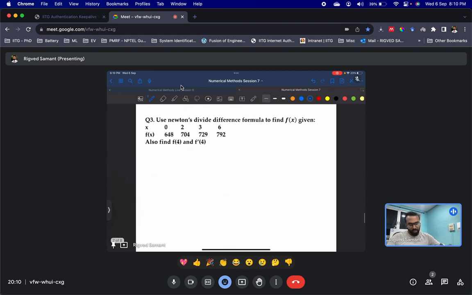Here you will see what Newton's divided difference formula is, and then you will go for the difference table. Again, how far it will go is usually n minus 1, and you can also see it using a divided difference table. In the first question we saw a simple Newton's difference table. Now it's a divided difference table.